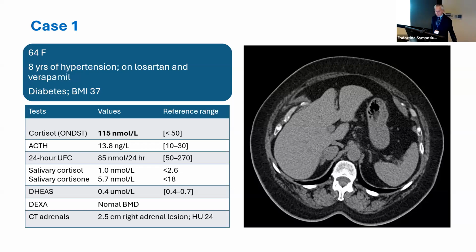ACTH was not particularly suppressed, perhaps at the lower end of normal. Normal 24-hour urinary free cortisol, normal late-night salivary cortisol and cortisone, a low DHEAS, and a normal bone mineral density on DEXA. The imaging shows a 2.5 centimeter adrenal mass with indeterminate pre-contrast Hounsfield units.